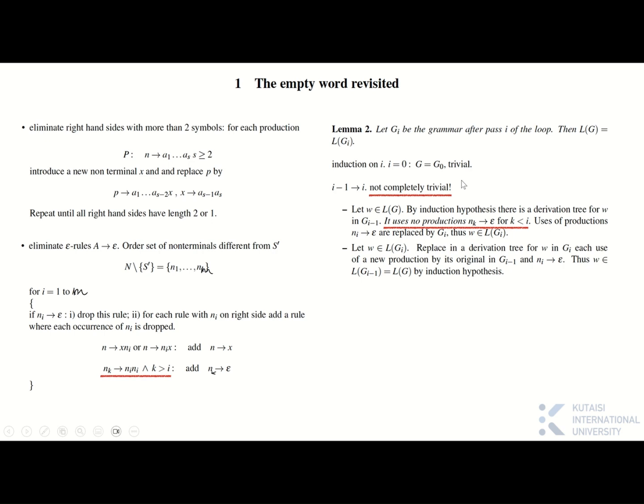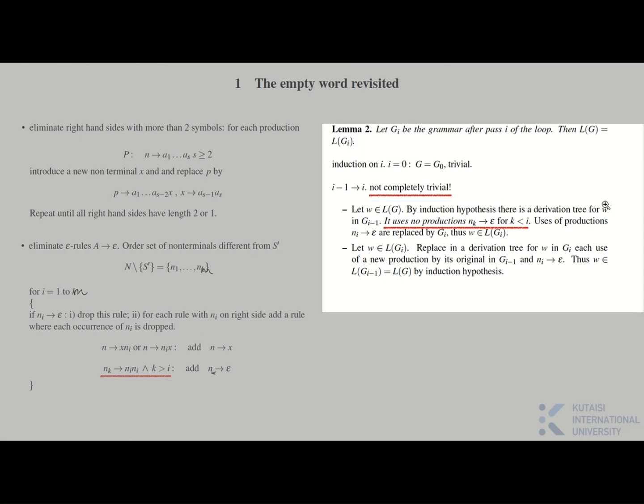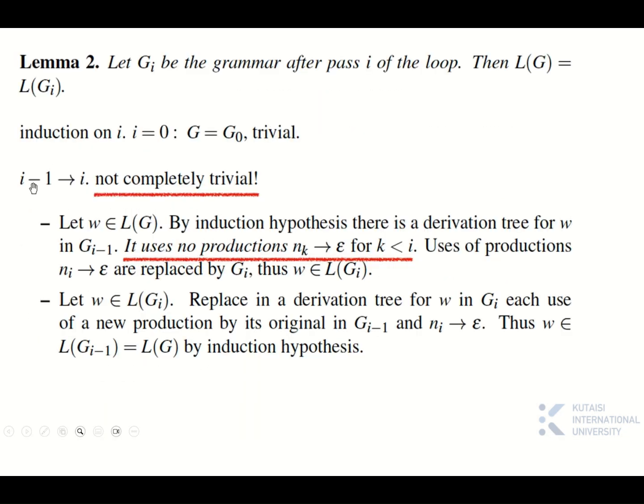Now let's look more closely at what happens when you go from i minus 1 to i. Let's assume that you did i minus 1 iterations of your loop and your language stays the same, and you did the ith iteration of the loop. And let's say your word W was in the language of the original grammar.